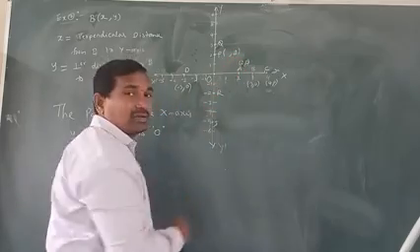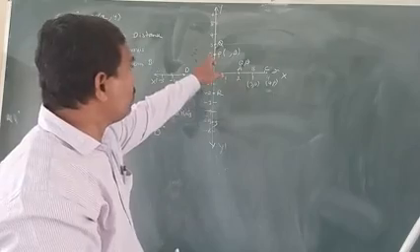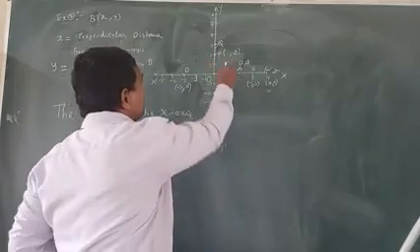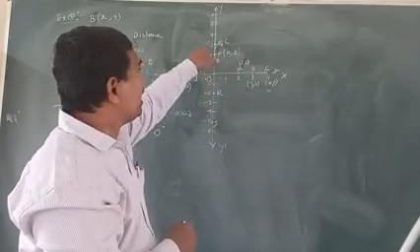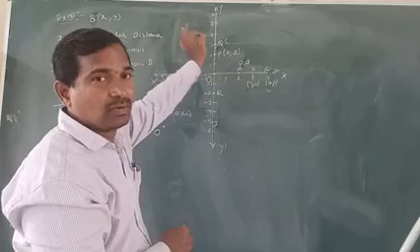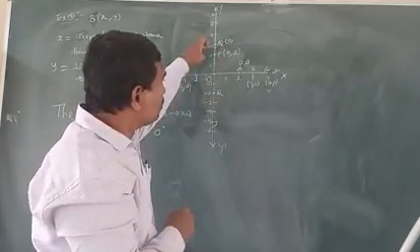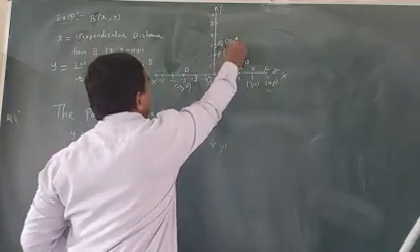What about the x coordinate? The x coordinate means the distance from P to the y-axis. There is no distance from P to the y-axis, so it is 0. Here also Q. Q is a point on the y-axis, so the distance from Q to the y-axis is 0. That is the x coordinate. The distance from Q to the x-axis is 3 units. That is the y coordinate.